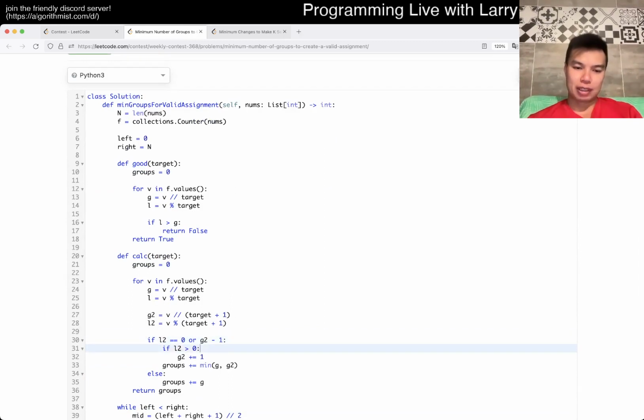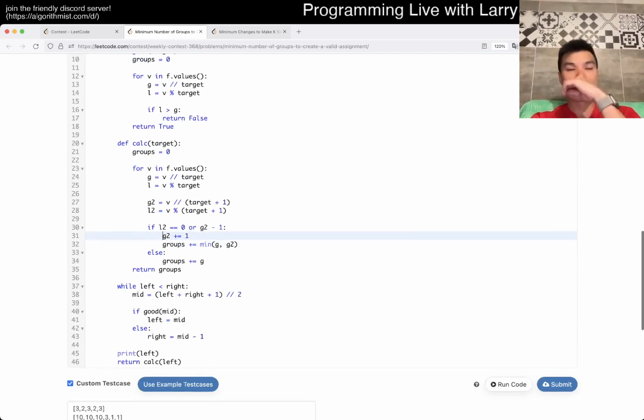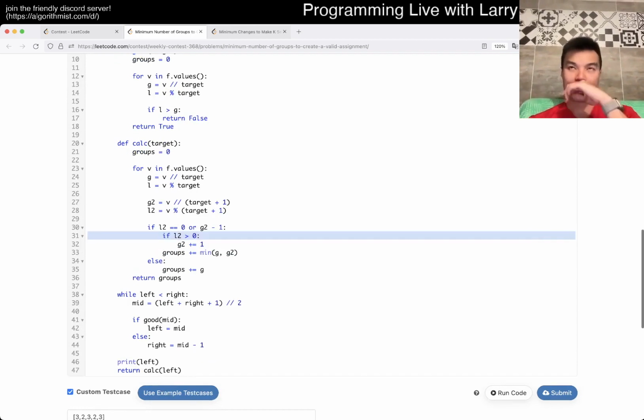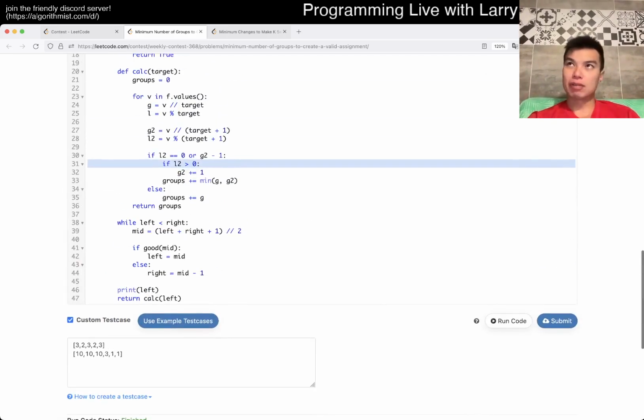Is this always the case? No, this is always the case, because if L2 is, then it just happens to match perfectly. Though it shouldn't happen, right? Target plus 1 will never, actually maybe it would because of this thing.